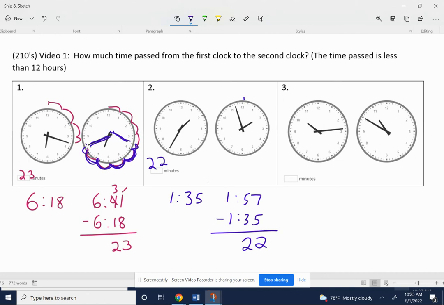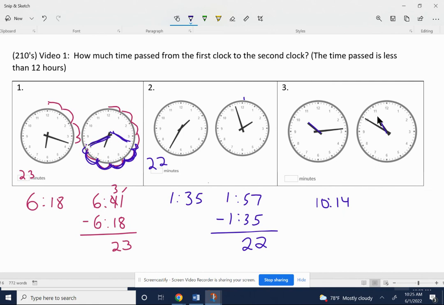The last one. Past 10 o'clock. It looks like both hour hands are past 10 o'clock. For the first time shown, it's past 10 o'clock. How many minutes? 5, 10, 14. 14 minutes past 10 o'clock.